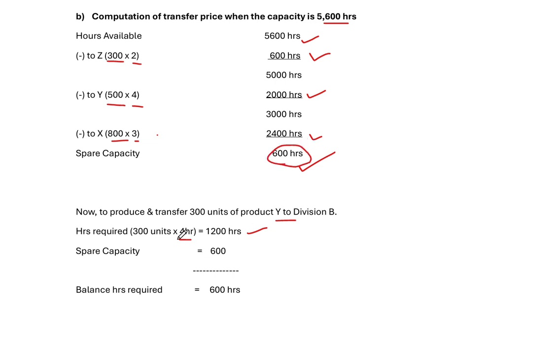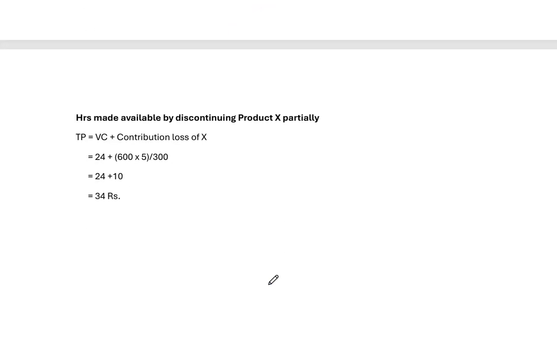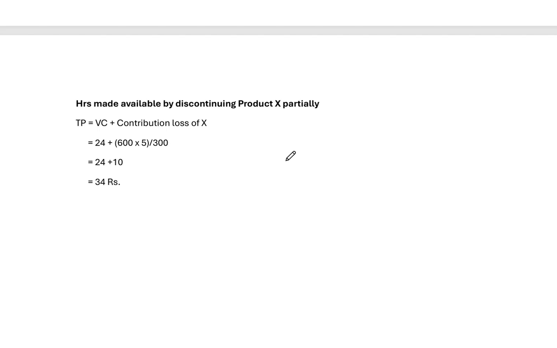We will subtract the spare capacity. Now balance hours required are 600 hours. The remaining 600 hours must come by sacrificing X. So in this we will be sacrificing product X partially.